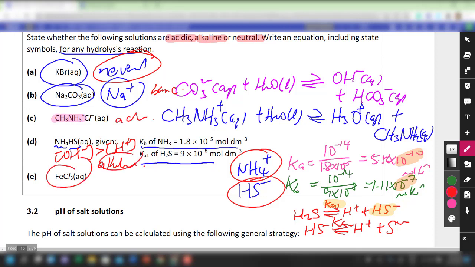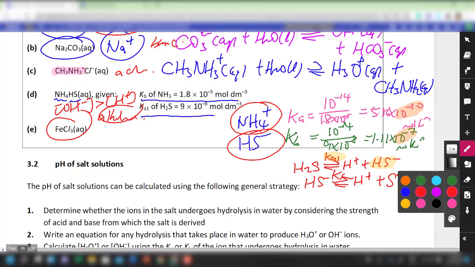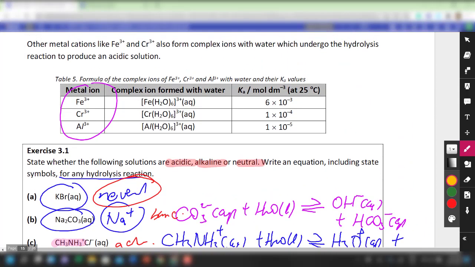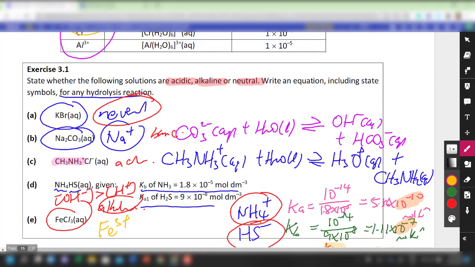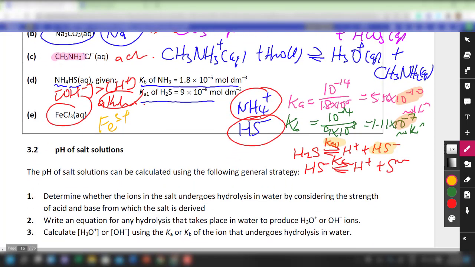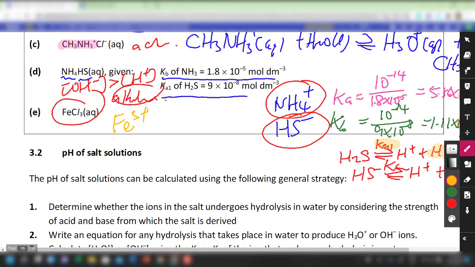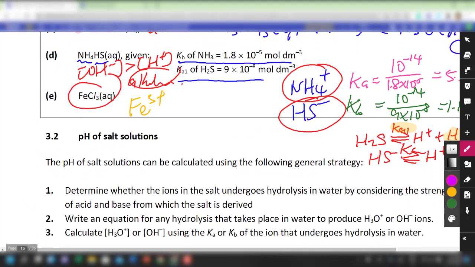And then iron 3 chloride, I think we briefly talked about that just now, because chloride is the conjugate base of hydrochloric acid, so chloride will not undergo hydrolysis. But iron 3 plus is a cation with a high charge density, so it will undergo relatively substantial hydrolysis to give an acidic solution. Because of that, I'm going to write a balanced equation out.